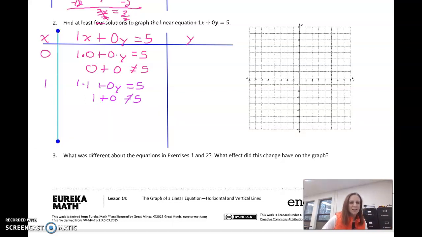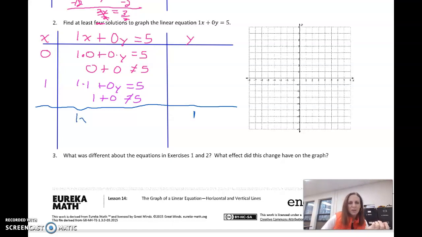Well, what we're seeing is this is 0 times y. So 0 times anything is always going to be 0. There, y is going to be gone. So if y is gone in all of this, well, let's try it. Let's put a number in for y. Let's put a 1 in for y.